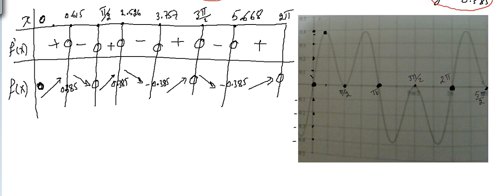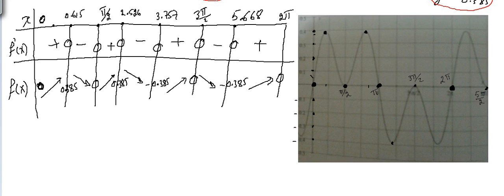So we put it on the curve. We put the point pi over 2, 0. This point will be 2.526 and 0.385 again. This point will be pi, 0. If x is pi, we just said, then y will be equal to 0. And then we put this point, which is very important because all the points that make the derivative 0 will be either local maximum or local minimum.